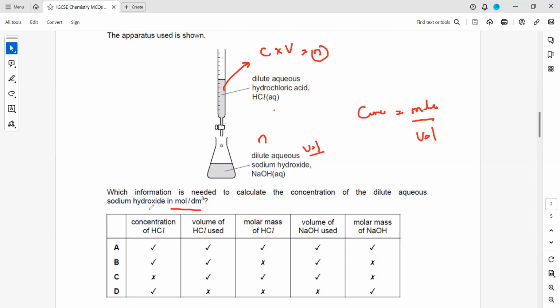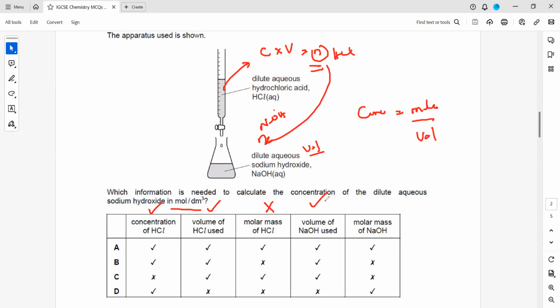Do we need the concentration of hydrochloric acid? Yes, we need it. Do we need the volume of hydrochloric acid? Yes, we should know it. Do we need the molar mass of hydrochloric acid? We don't need the molar mass because concentration into volume will give us the moles of HCl. And from moles of HCl, we'll use a ratio and find the moles of sodium hydroxide.